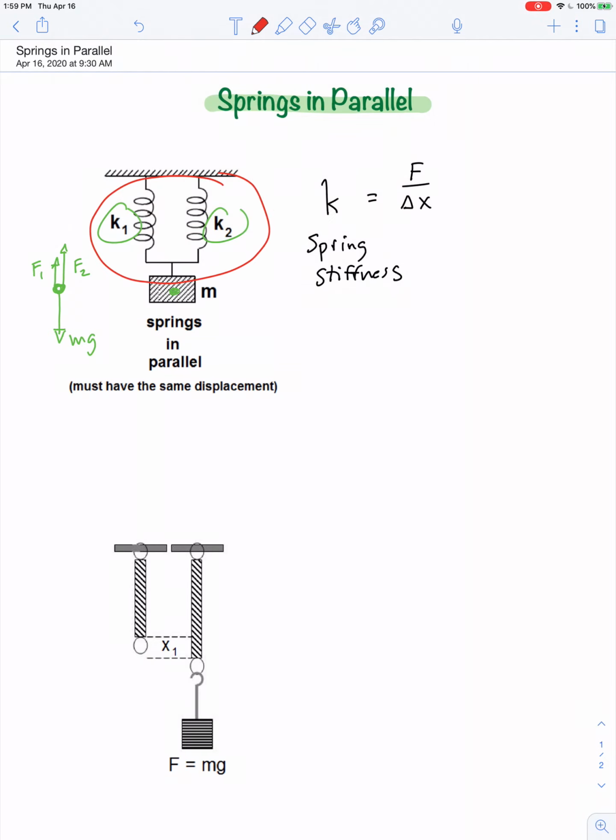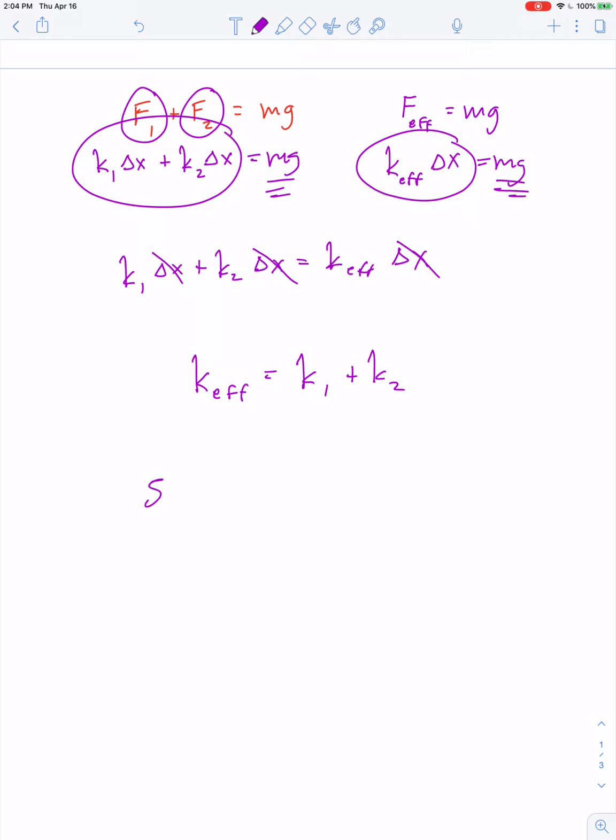And what we find is when springs are connected in this manner, in parallel with each other, the effective spring constant is nothing more than the sum of their individual spring constants. So for example, if you had a fairly soft spring with a k value of only 50 newtons per meter, and that spring was suspended side by side with another spring whose k value is larger, maybe 200 newtons per meter.